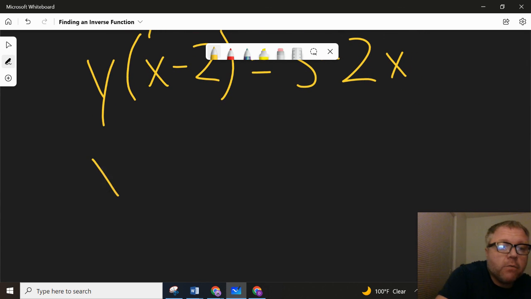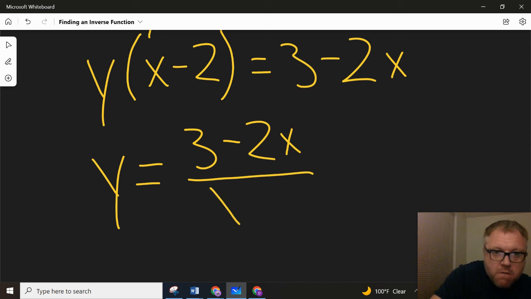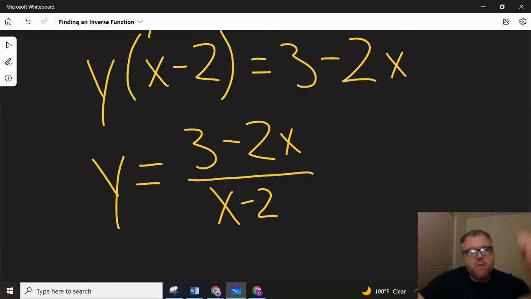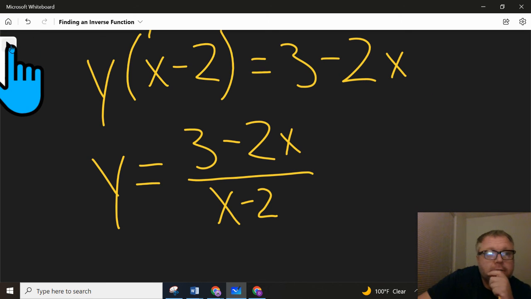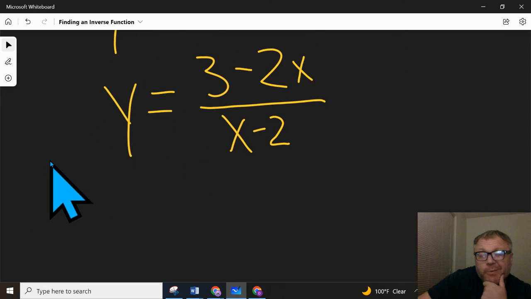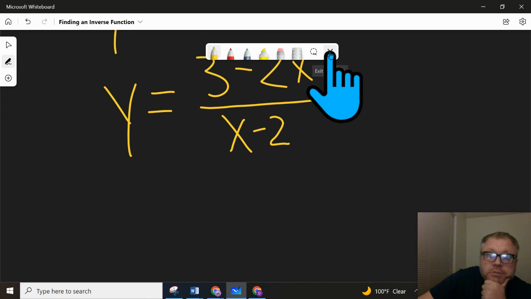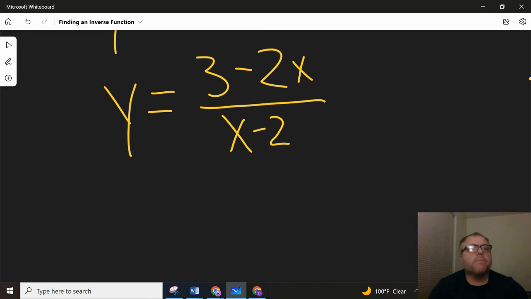So we get y equals the quantity of 3 minus 2x divided by x minus 2. We did it! We solved for y. Let's go. Super cool. Don't forget about step number 3. Just use the right notation. Communication is important, so we know what we're talking about here.